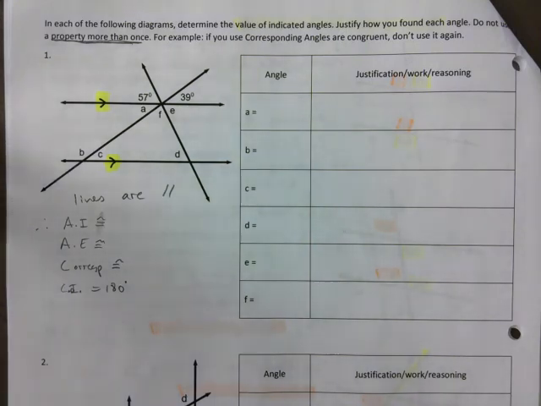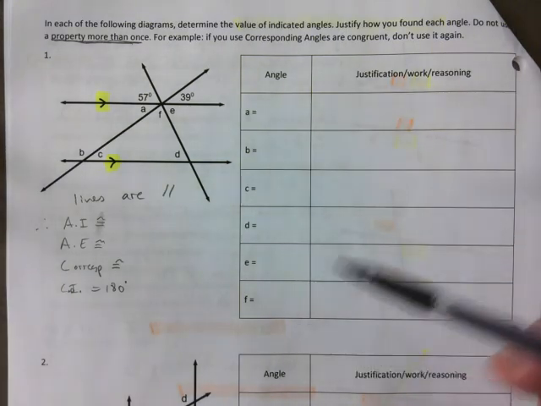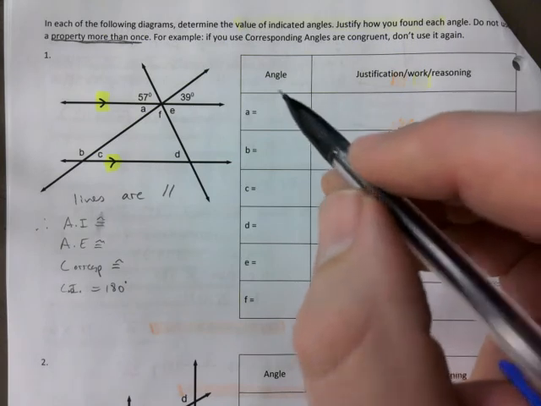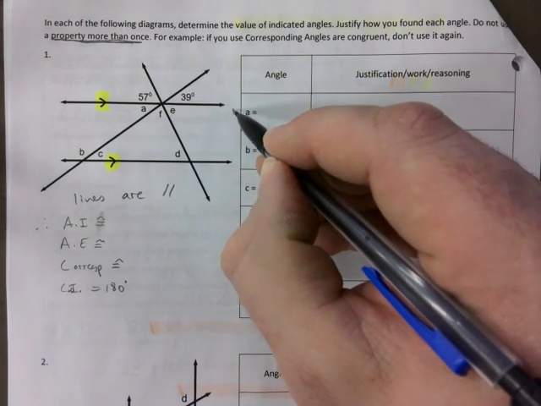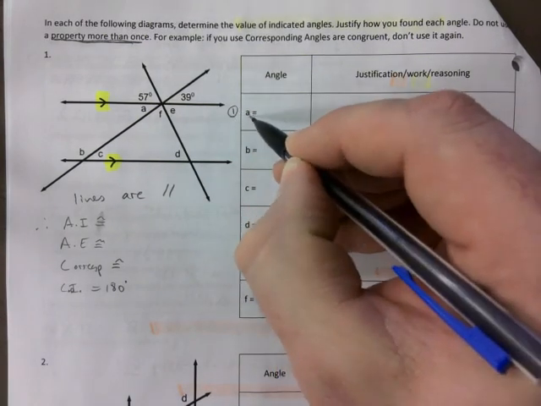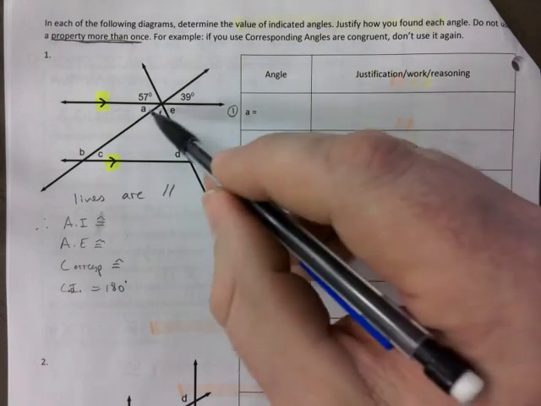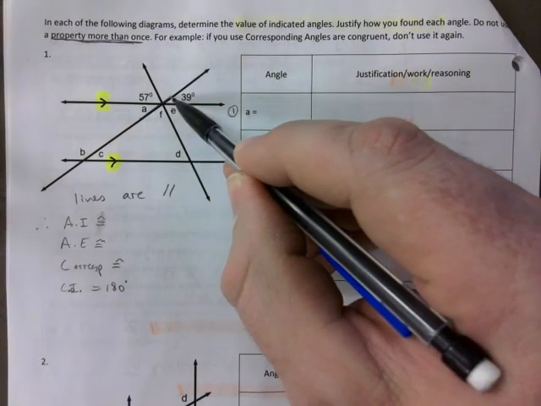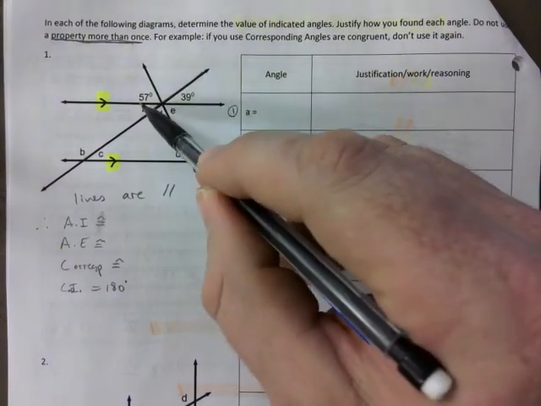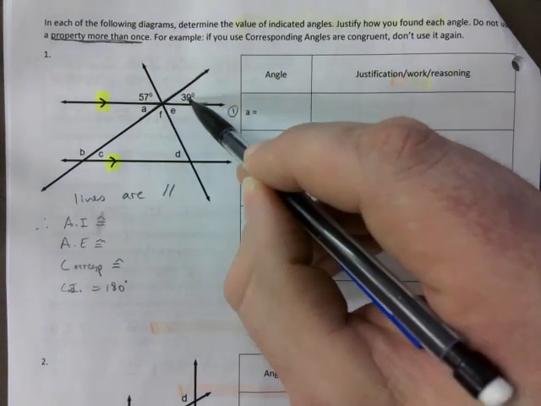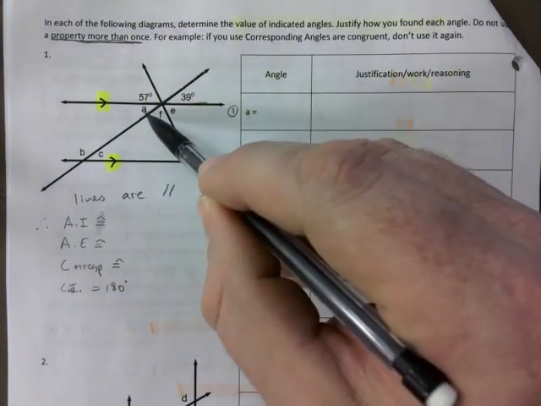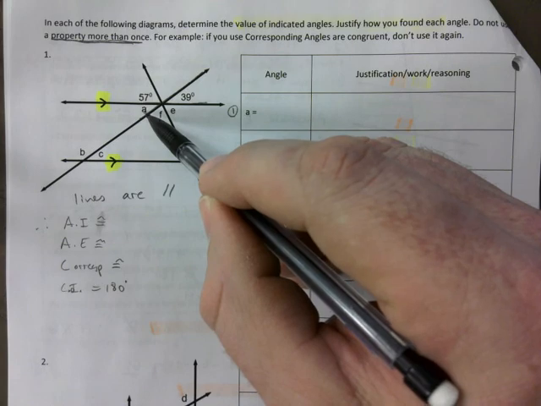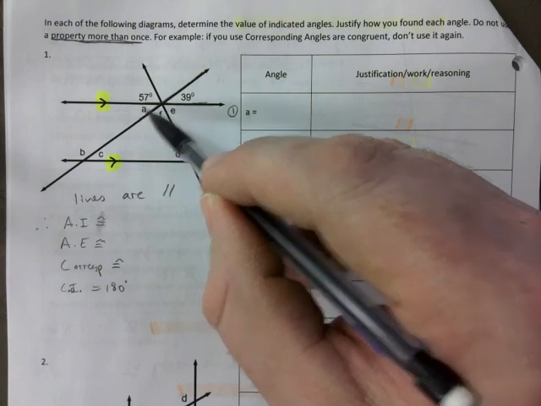And I'm going to go in order. Most of the time it's possible to do so. First one is A. I want to focus on the fact that A is what? 39. Always true. It's the one that I gave you right at the beginning. Vertically opposite.